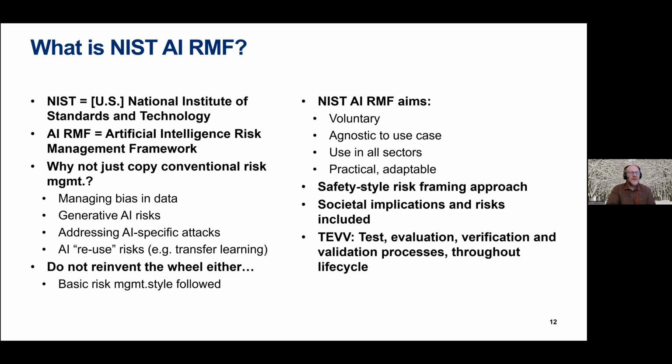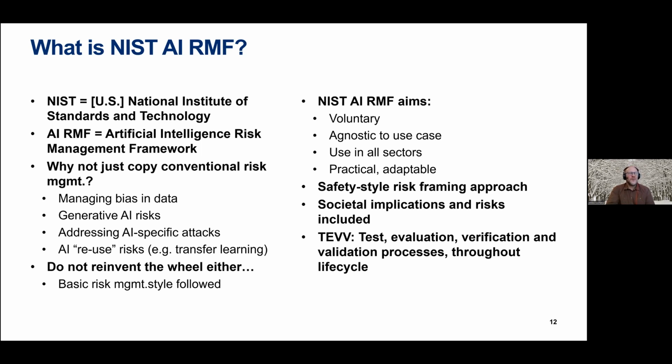Well, basically, you have to consider there's bias in data. Generative AI has unknown risks, and there are AI-specific attacks: evasion, poisoning, model stealing, etc. And with the transfer learning concept, if you reuse pre-trained models, as the previous speaker was talking about, then you're not actually sure what can be in there.